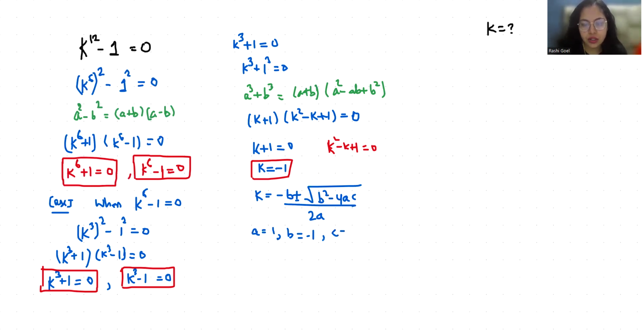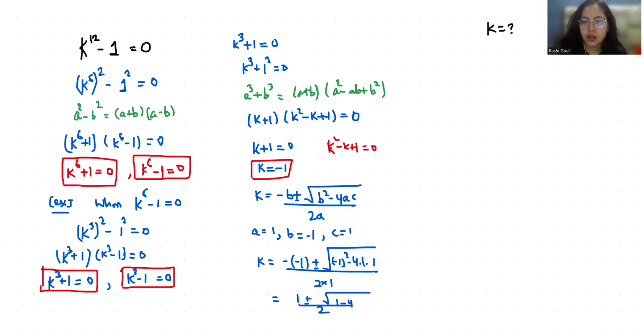So k is equals to minus 1 plus minus under root minus 1 square minus 4 times 1 times 1 by 2 times 1. That is 1 plus minus under root 1 minus 4 by 2.